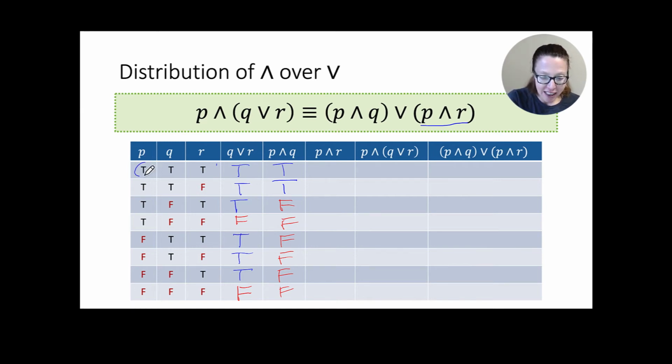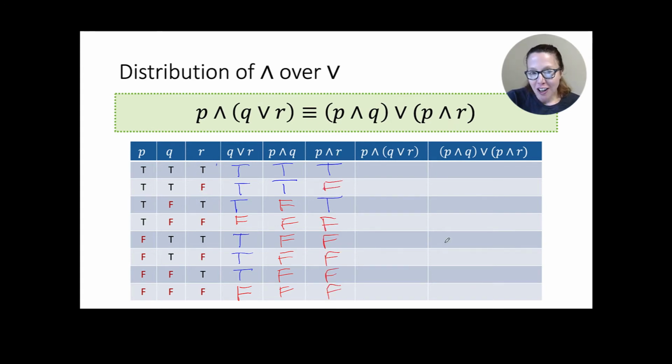So we can find that in row 1 and row 3. And the rest of the time, at least one of the 2 has a false truth value. So I know that I'm going to put true here and false everywhere else.